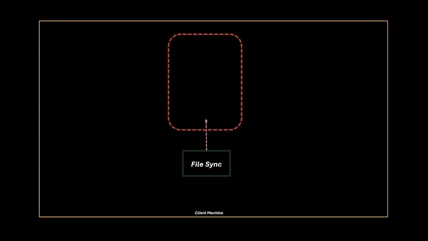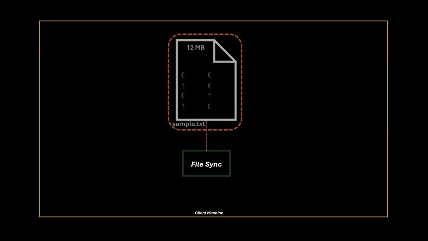Another file sync service is running inside the client machine, constantly observing any change in that folder. When I say any change, I'm talking about creating, deleting, or updating any file, right? As soon as we create any file or make any changes to an existing file, this file sync service acts upon it, connects to the cloud, and creates a replica of that folder inside the cloud, right?